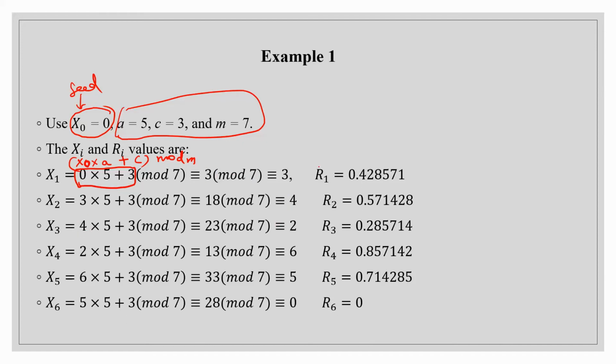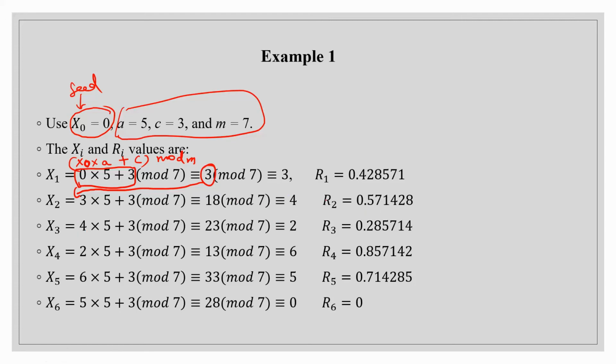Now how can the random numbers be generated in between 0 to 1? It can be generated simply by 3 divided by 7. So I will get this number. Now this number will be used as my second seed. So here I will use x1 into a plus 3, that you can calculate as 18, and when you divide it with 7 you get the remainder 4.